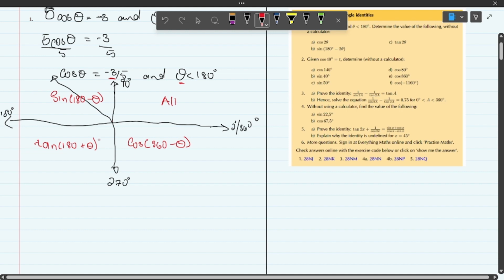So we see in these trigonometric ratios which ratio is positive in which quadrant. So given the example, we know that this angle is in the second quadrant, because cos here is negative, right? And also this angle is less than 180 degrees, right?